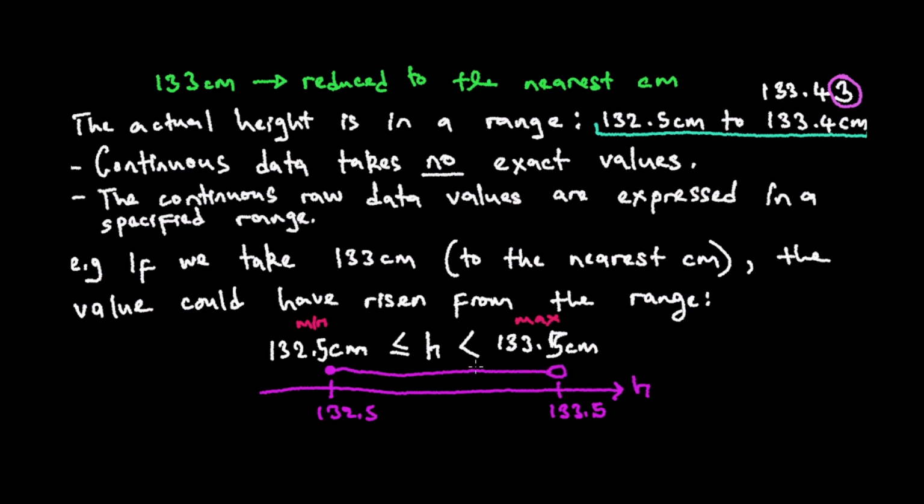So our true value is within this range. That is what we are talking about. So a simplistic example is not accurate. This is how you accurately represent it. You have to be careful, especially with the part h is less than 133.5 centimeters. If there are any issues, you can ask in the comments.